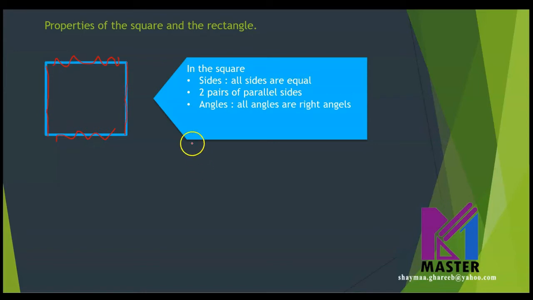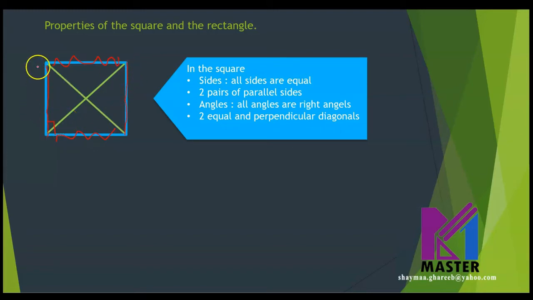Next, angles. All angles here are, do you remember? Right angles. The 4 angles of the square are right angles. It has 2 equal and perpendicular diagonals. Do you remember? This is a diagonal and this is the other diagonal, and both are equal and perpendicular.